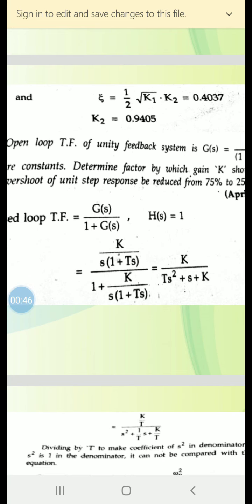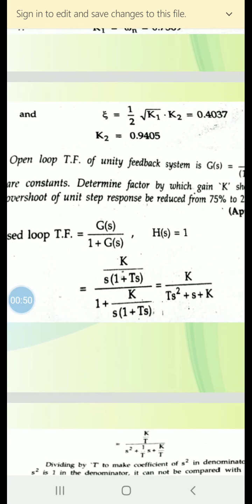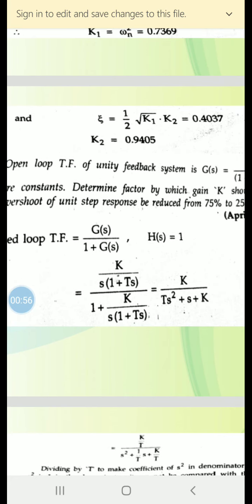Closed loop transfer function. We already know the formula: G(s) divided by 1 plus G(s)H(s). But it is a unity feedback system as given in the statement of the problem, so H(s) is 1. So substitute. What becomes the closed loop transfer function? G(s) divided by 1 plus G(s).